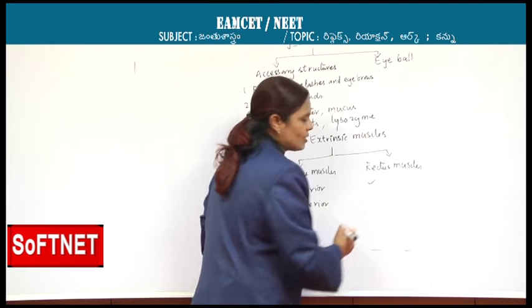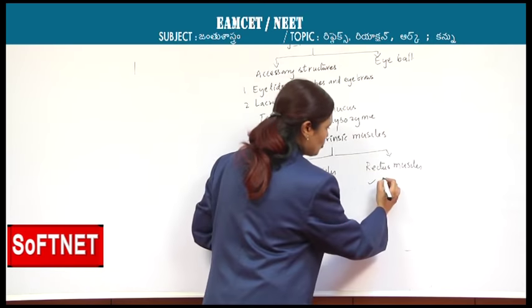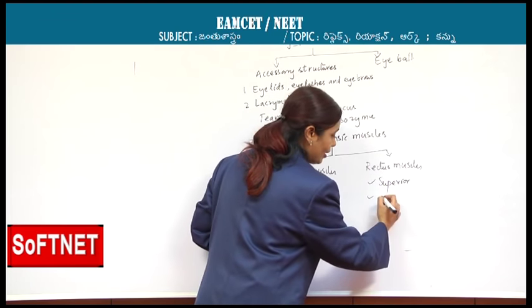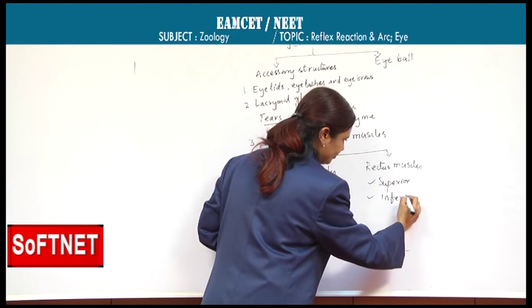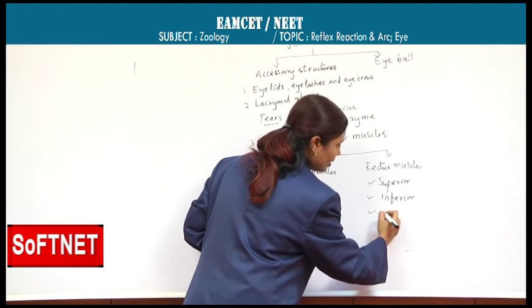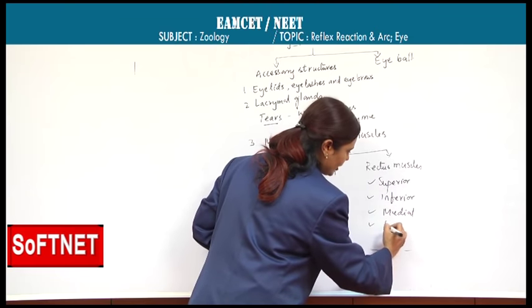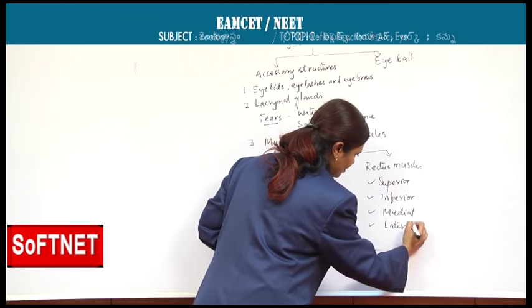Then rectus muscles are of 4 different types. They are superior, number 2 inferior, number 3 medial, and number 4 it is lateral rectus muscles.